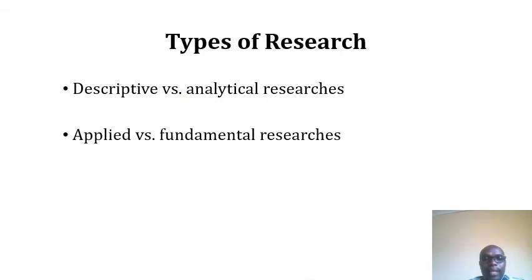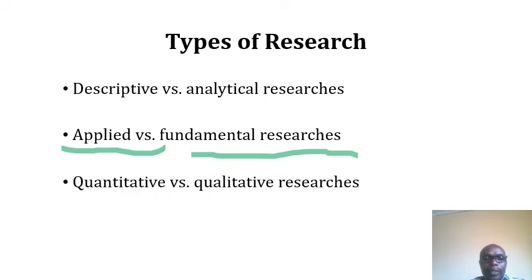Then we have applied versus fundamental researches. Applied tends to solve immediate problems that are existing, whereas fundamental is meant to fill the gaps that exist in the literature. Quantitative versus qualitative.